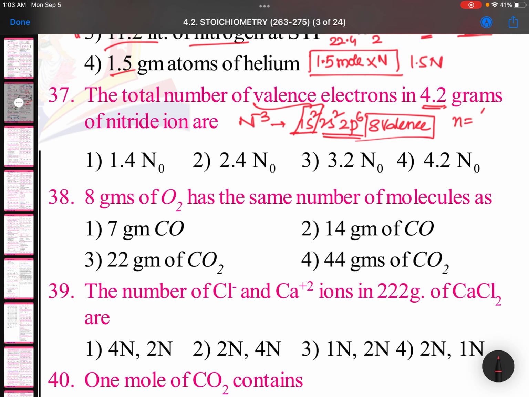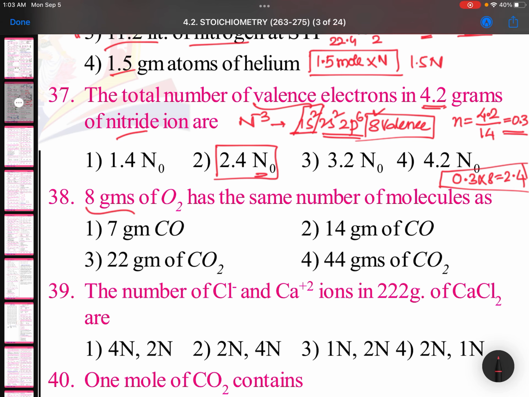So number of moles is equal to mass by atomic mass. Nitrogen atomic mass is 14, so this will be 0.3 moles. 0.3 moles, each contains 8, so 0.3 into 8 is 2.4. Each nitrogen has 8 electrons, into Avogadro number.